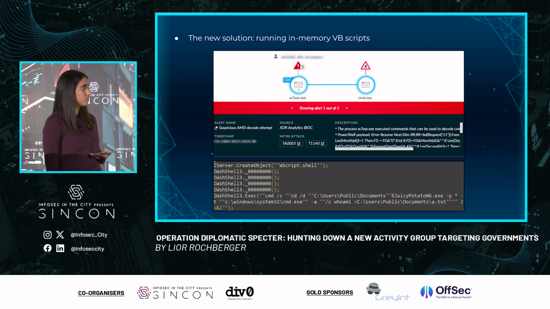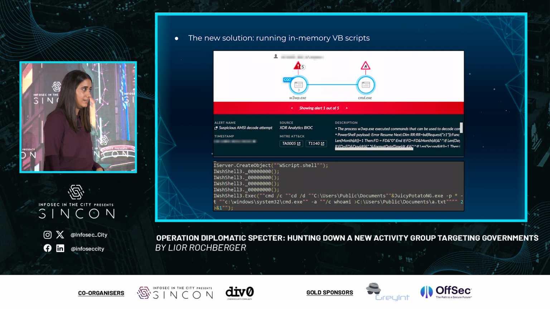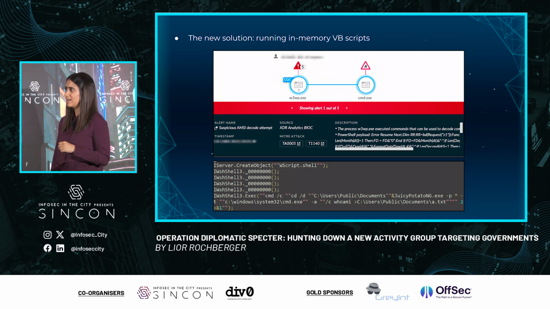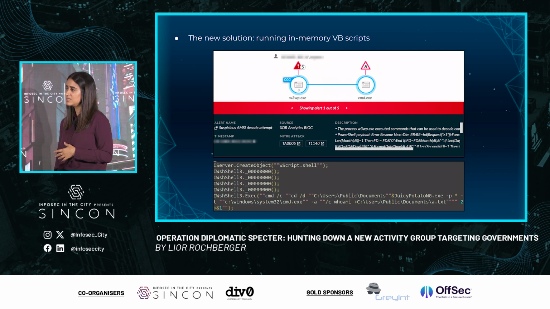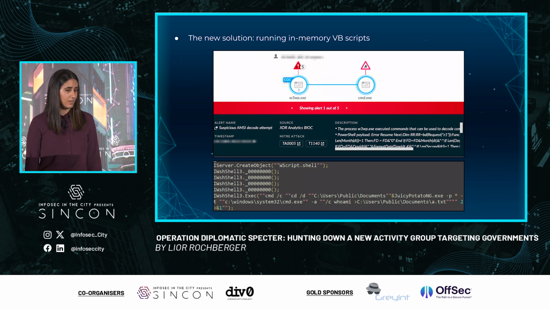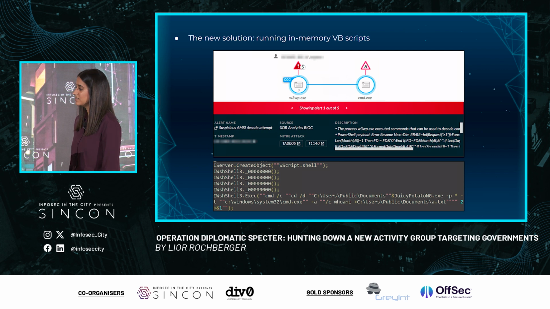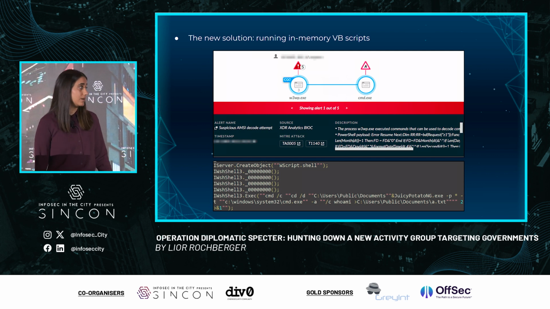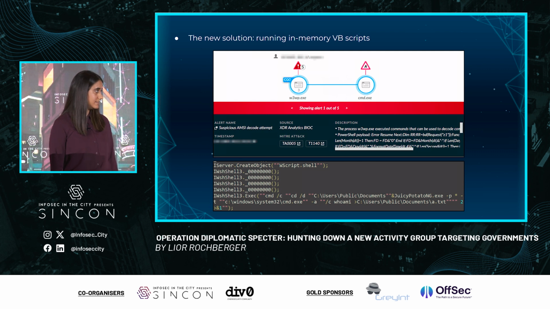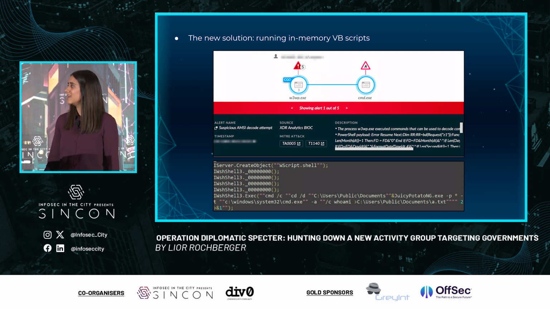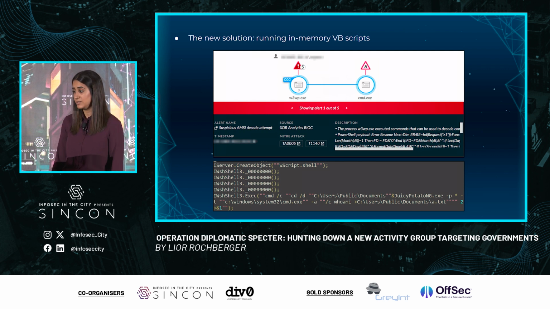After almost 3 weeks of complete silence, the attackers returned to the network. We started getting different alerts related to suspicious in-memory activity on the same Exchange server that was targeted before. We soon realized that the attackers were able to execute in-memory VB scripts that allowed them to interact with Windows APIs, to run processes, to deliver additional payloads, and basically everything that you can expect out of a classic web shell.